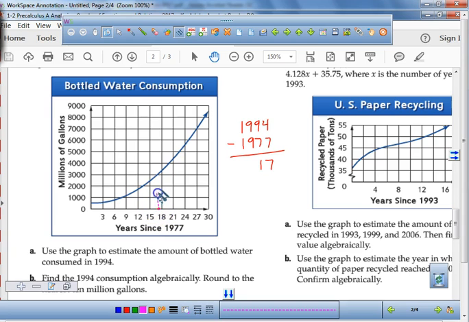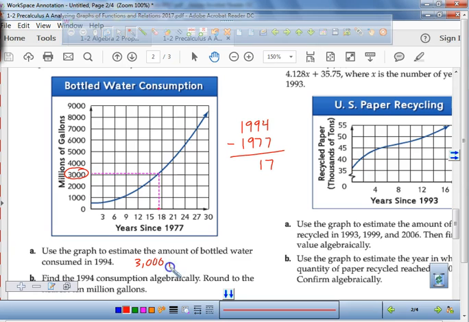From here, if you draw up, perfectly nice straight line going up, and then from here, going all the way across over, would you guys agree that that puts pretty much, estimating-wise, if you wrote 3,000 million gallons of bottled water, that would be right.